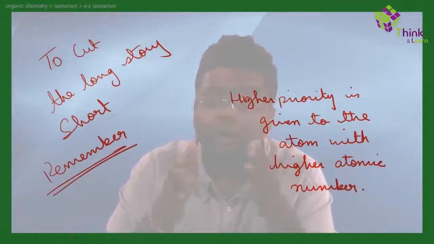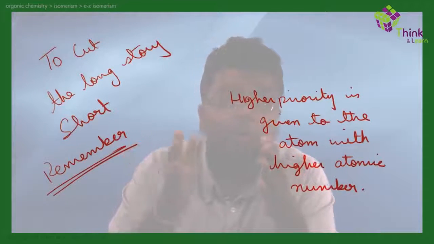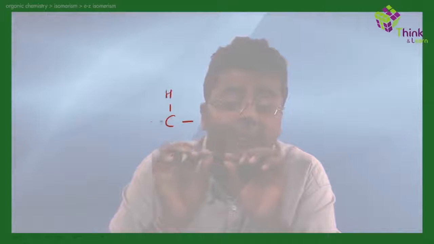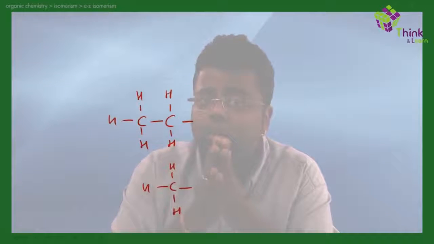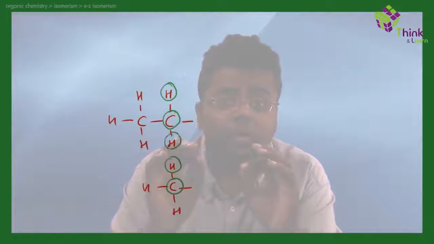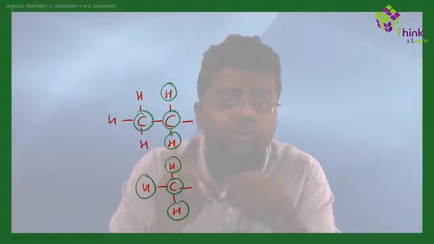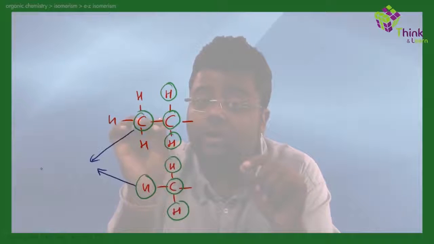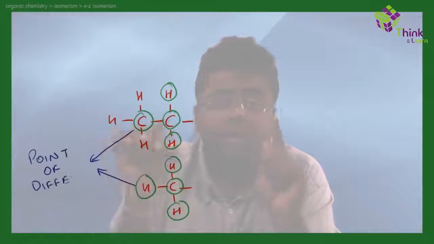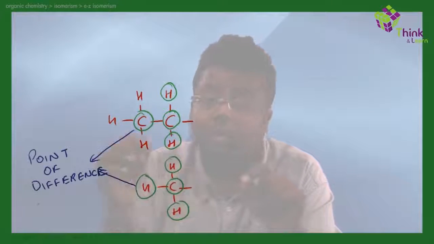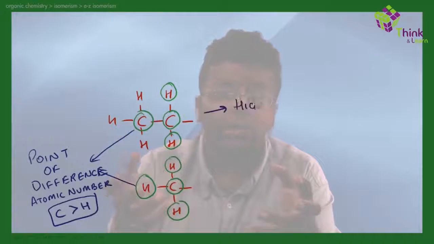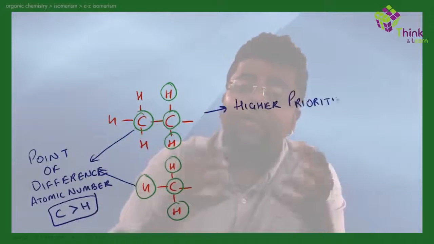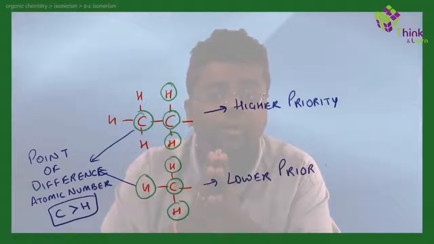For that, you start comparing from the atom which is connected directly to the carbon and then move outwards. And wherever you encounter the first point of difference, whichever atom out of the two has a higher atomic number, then the entire group gets a higher priority.